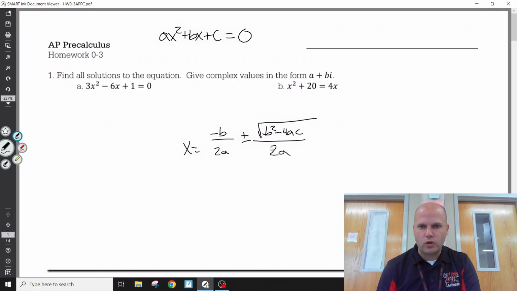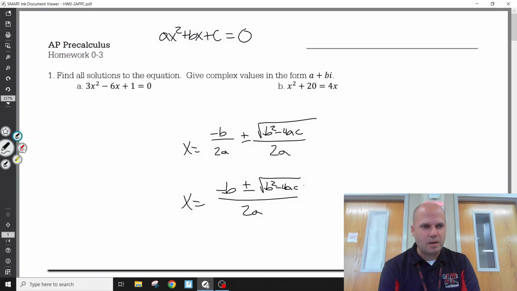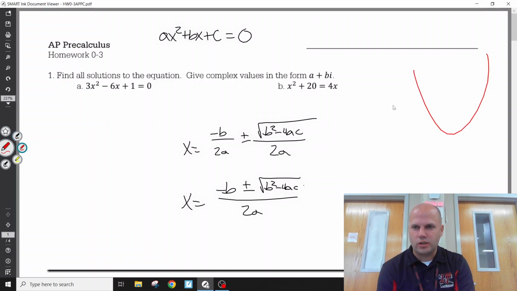Now, this is one version of the quadratic formula. The other version has the common denominator in the bottom. I like to keep it separated because, as we talked about in class, if you have a quadratic equation, you're going to have a middle. It's called the vertex.